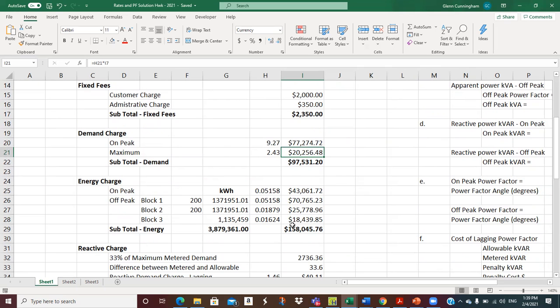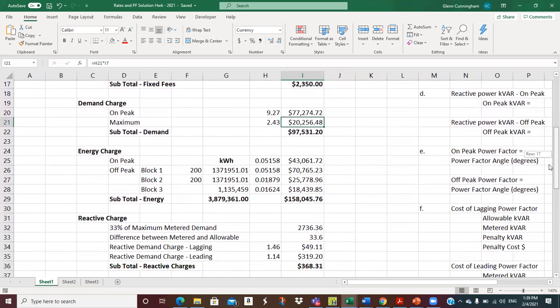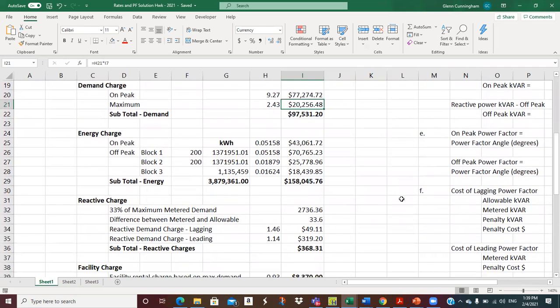Okay, so hopefully we're using the right numbers here. Then we get down to the reactive charge. Of course, on the lagging, we take 33% of the maximum meter demand. Did I get that one right? No, I got that one wrong too.